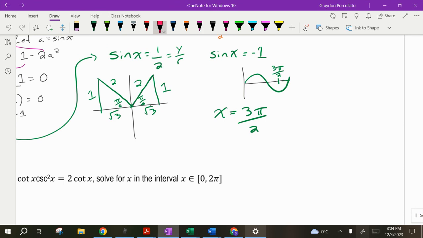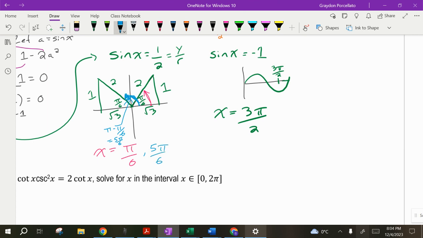So our first angle, our pink one there, x equals pi over 6. And our second angle, our blue one, is this angle here, which is going to be pi minus pi over 6, which is 5 pi over 6.